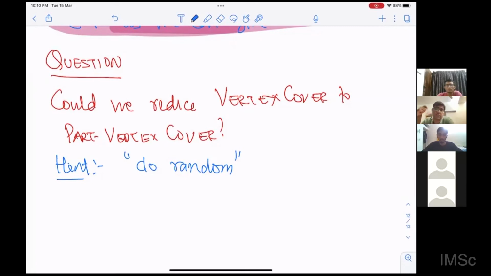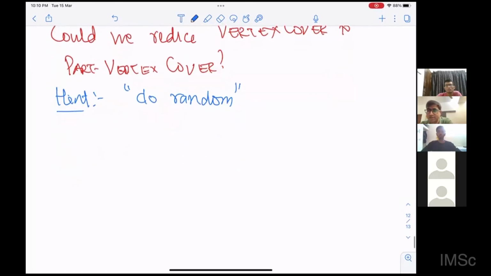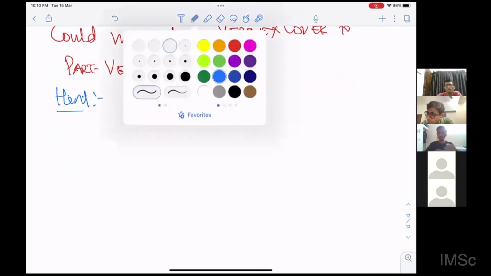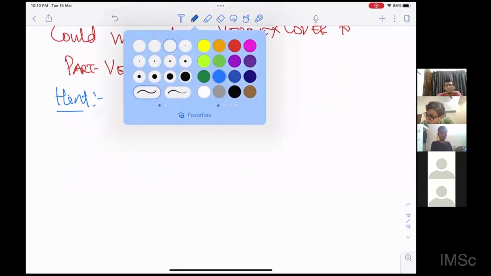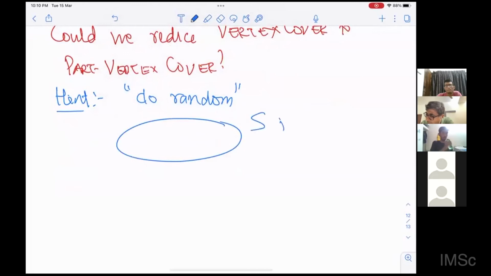So what do you want? Let's ask ourselves, what is the meaning of reduction to partition vertex cover? Basically, suppose S is my vertex cover, and suppose it contains k vertices. What do I want then?